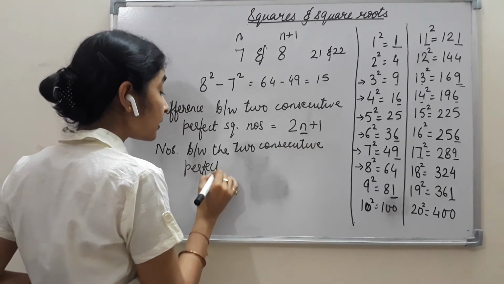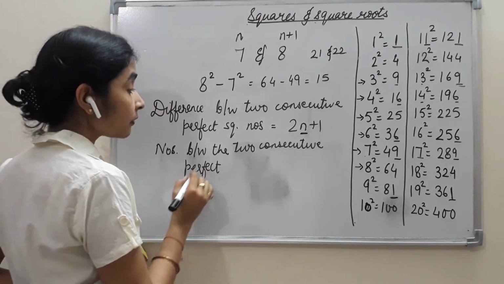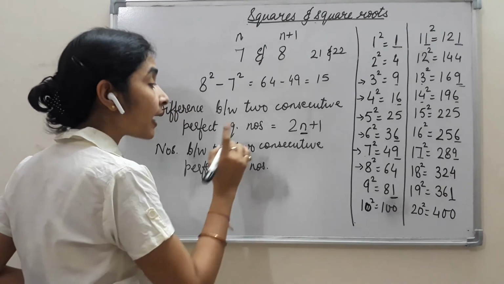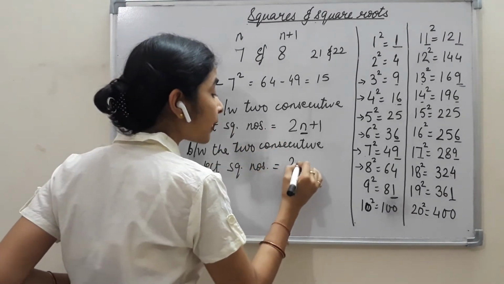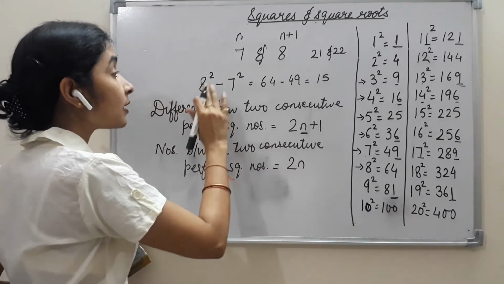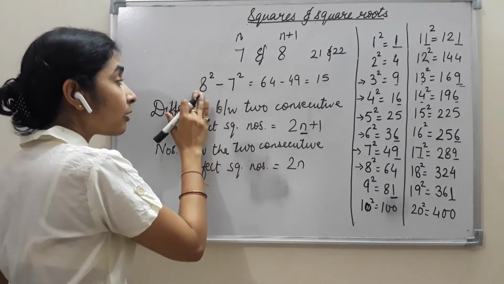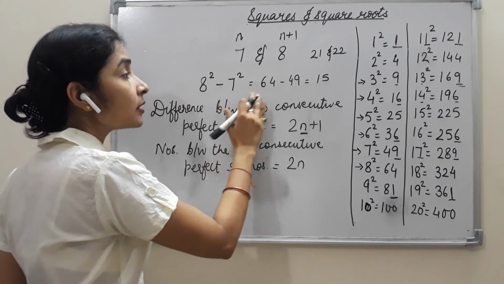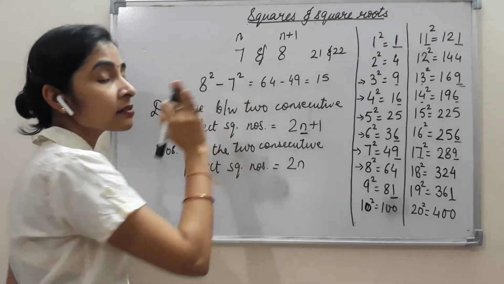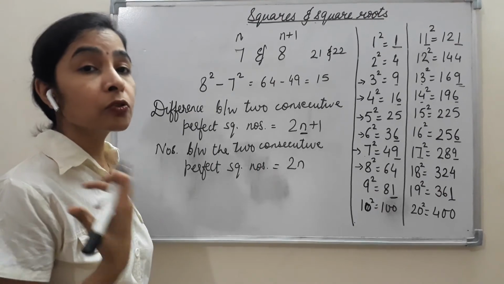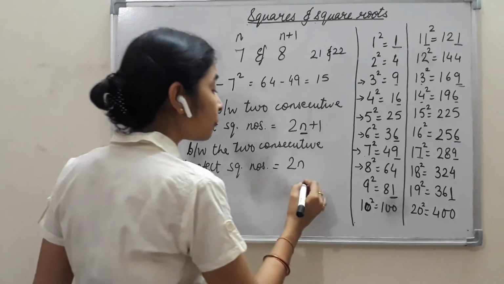Here we are asked the number of numbers between the two perfect square numbers. In that case we are just supposed to write 2n. That means the number of numbers between the square of 8 and 7 is only 14, the double of the smaller number, that means 2 into 7, equal to 14.